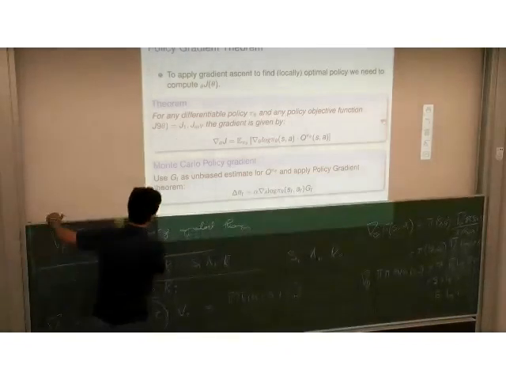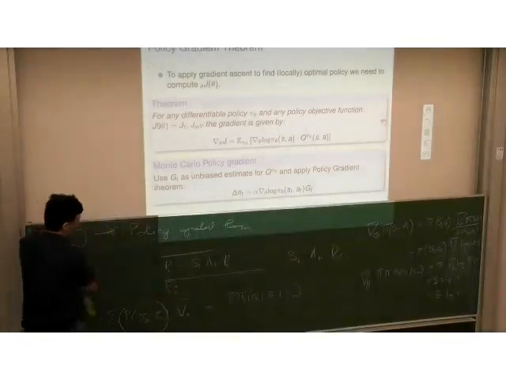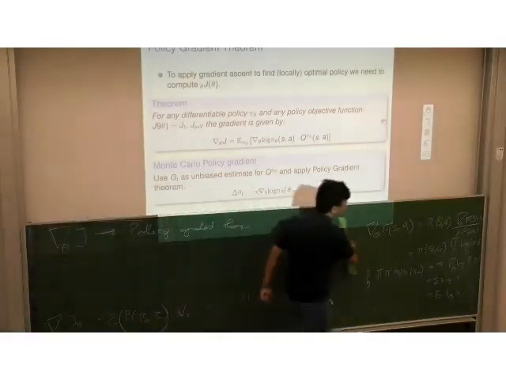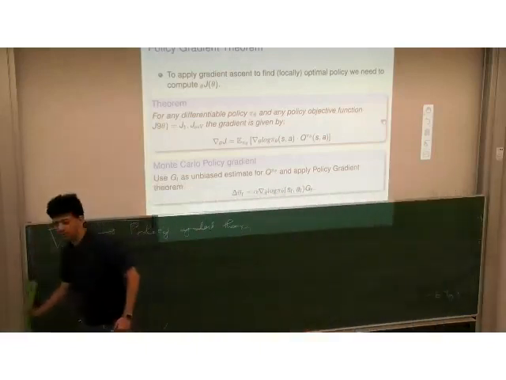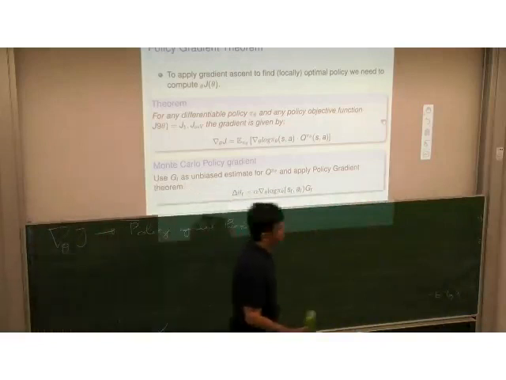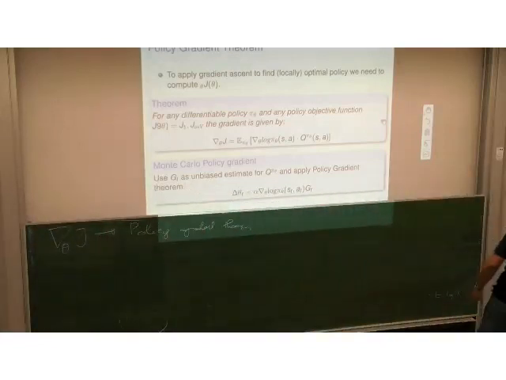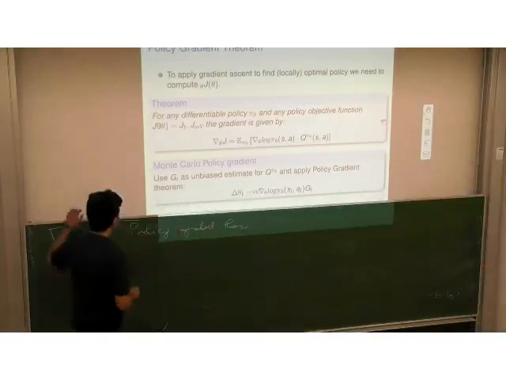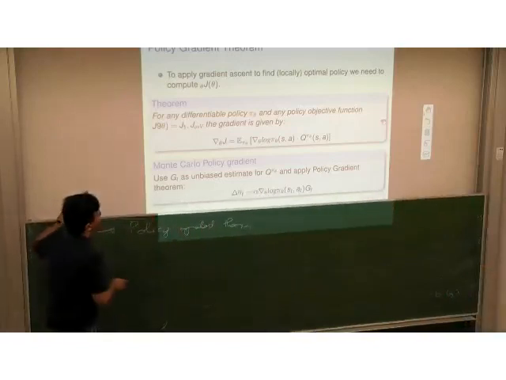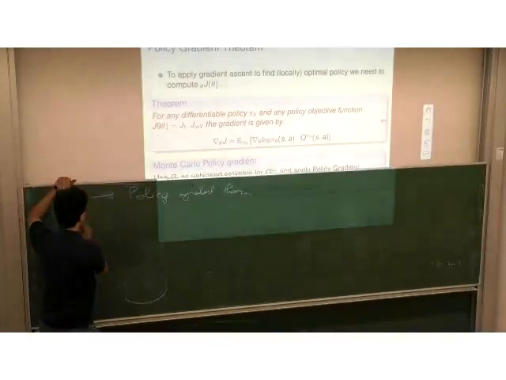Anyway, the policy gradient theorem tells you the gradient, which you said is hard to find, in a nice formula. There are two different kinds of J's.